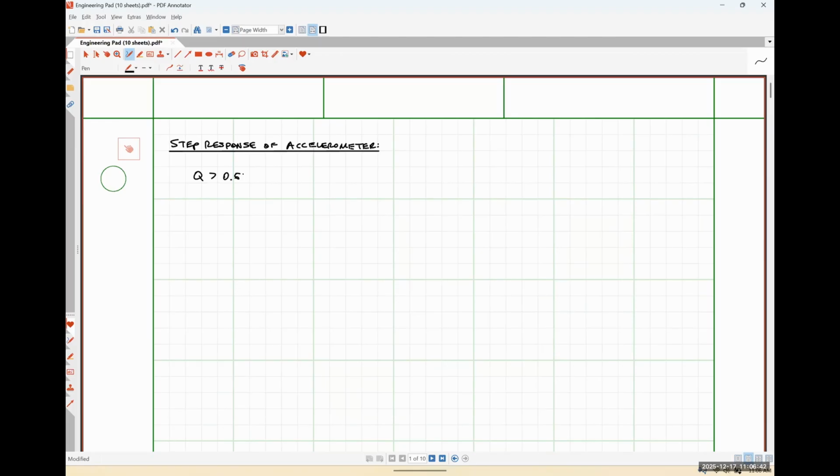So if we were to look at our transfer function here really quickly, H as a function of s. Let me find that equation. Here we go. Well, I'm going to do the one, H as a function of omega.